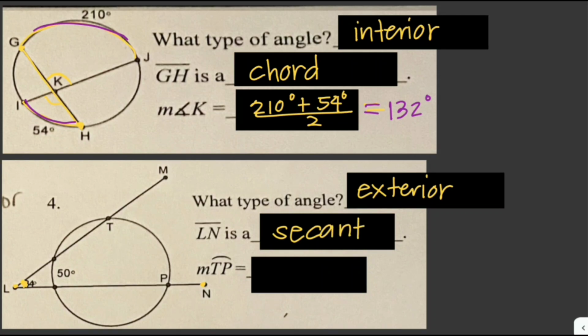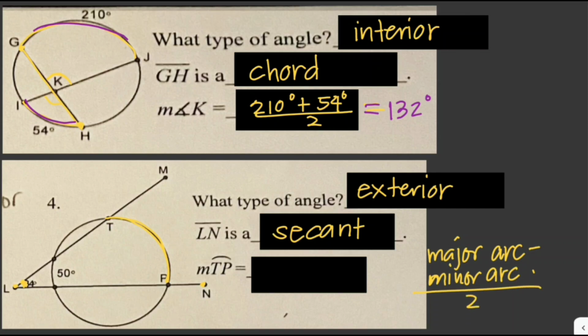And then the measure of arc TP here. To solve for the exterior angle, you just have to subtract the minor arc from the major arc, divided by 2. So that is the measure of the exterior angle.